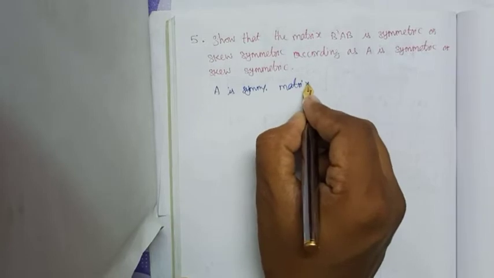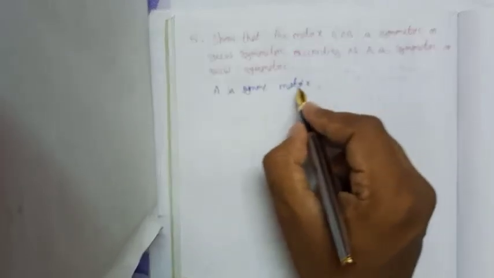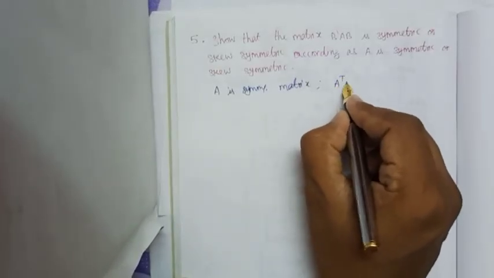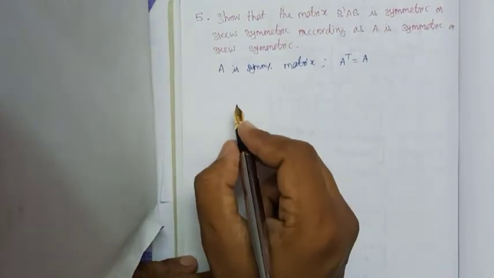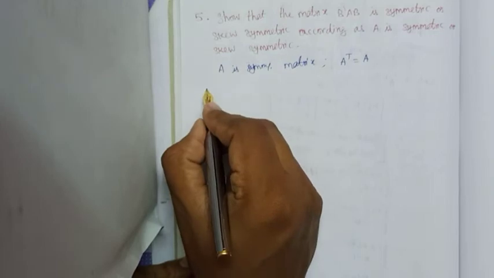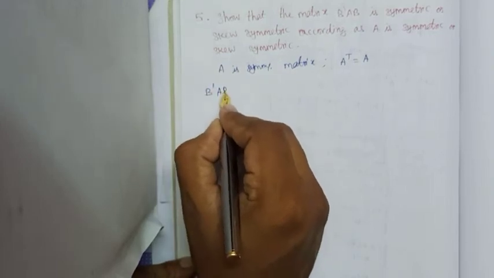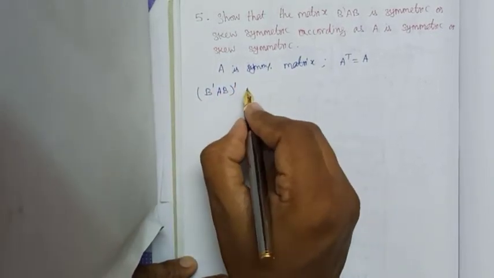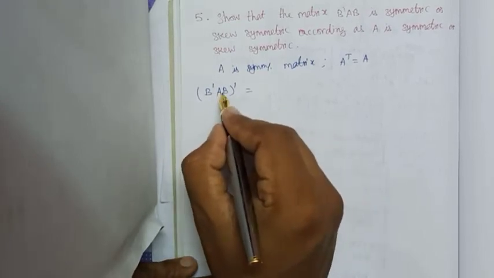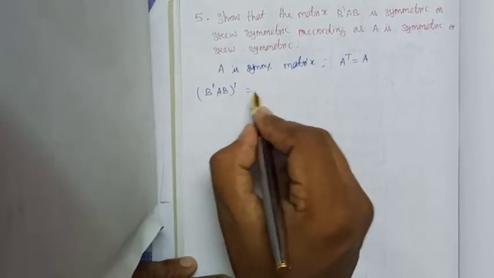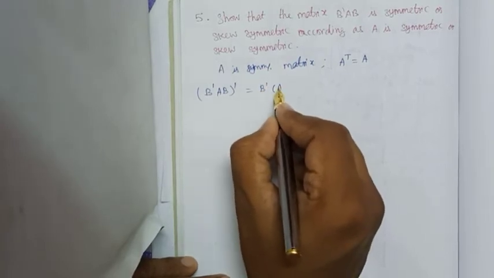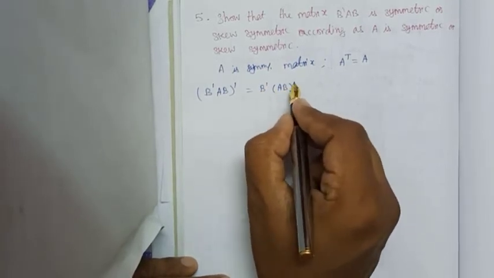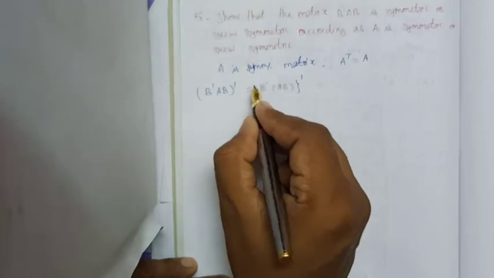So what does it mean by symmetric matrix? Previous problem I told that. So the symmetric means A transpose equal to A. Okay. So consider this, and we take transpose on this matrix, B transpose AB whole transpose, which is equal to, we are applying the associative property. Matrix multiplication is always true. So B transpose into, we consider the bracket AB the whole transpose.